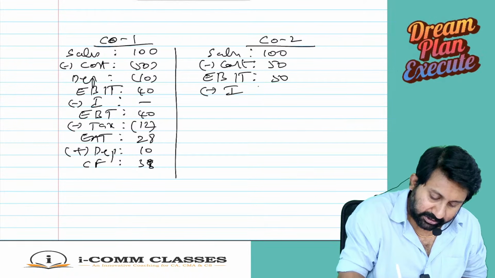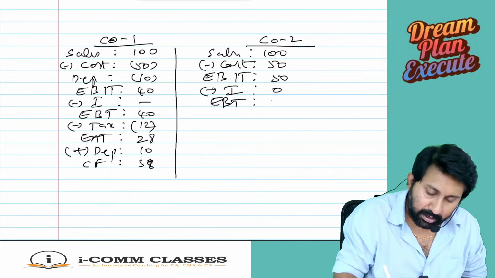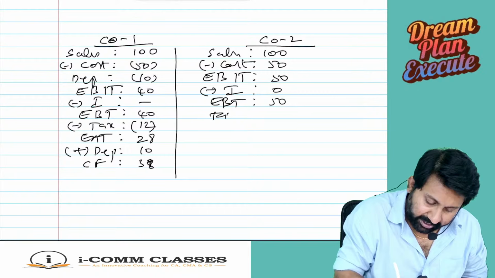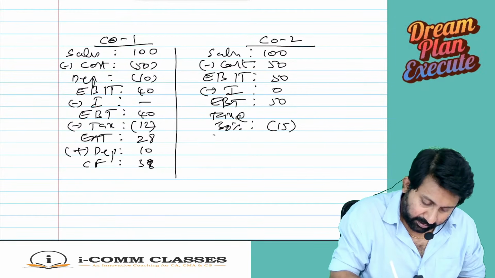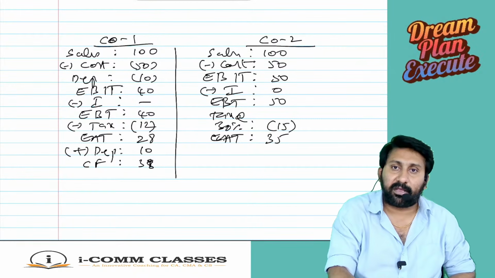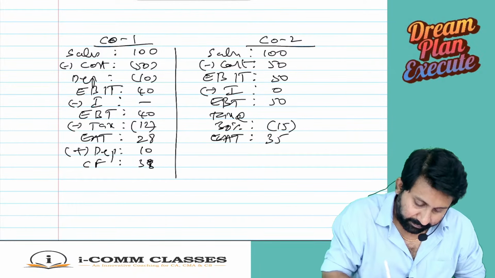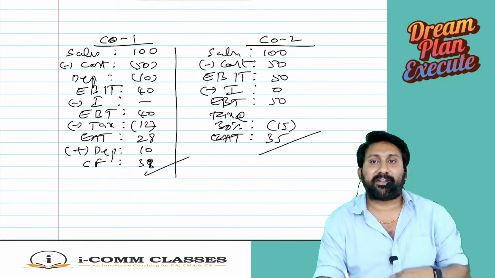What is your interest? What is your EBT? What is tax at the rate of 30% on this? 15. Then what will be your EAT? That's it. Plus depreciation you won't do. My cash flow is 38, your cash flow is 35.